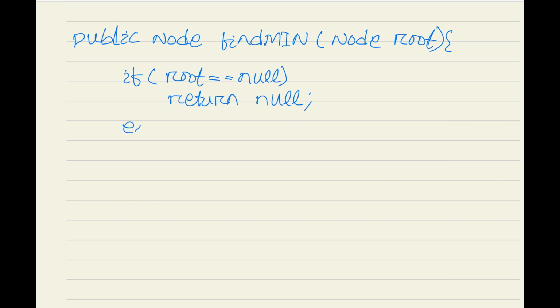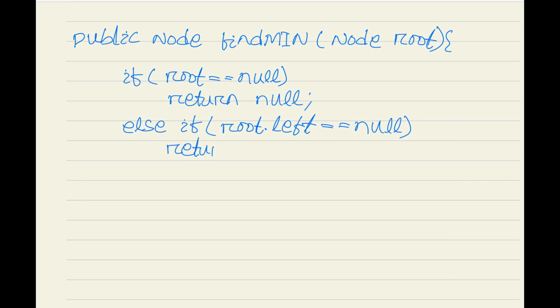Else if root dot left equal to null, that means no left subtree exists, then we are going to return the root. So if no left subtree exists for a node, then that is the minimum value. That's why we are writing return root.